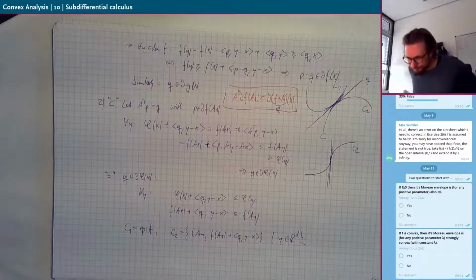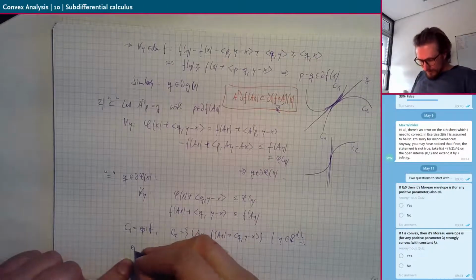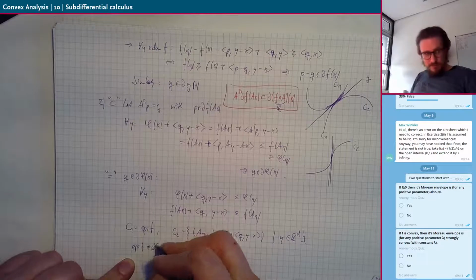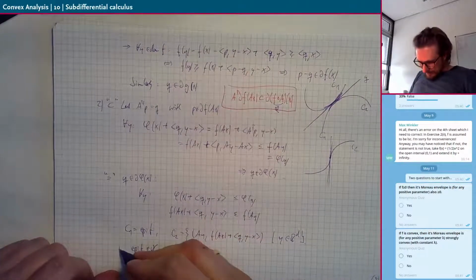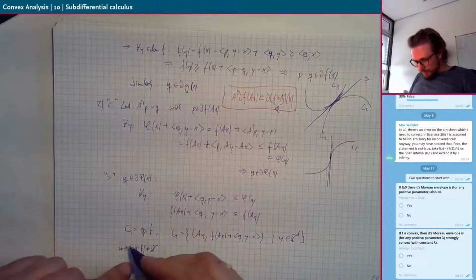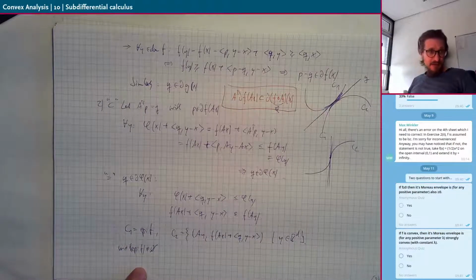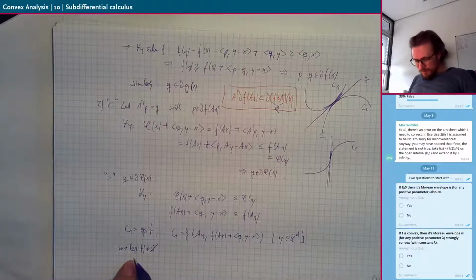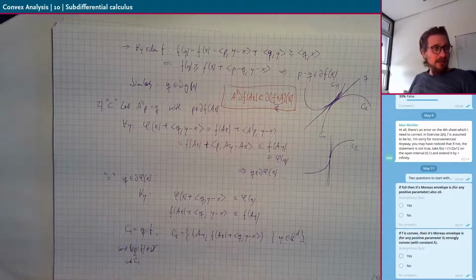So now we again use that the interior of the epigraph of f is non-empty, because f is continuous at some point A x bar. So the interior of the epigraph is not empty, which is exactly the interior of C1 now.